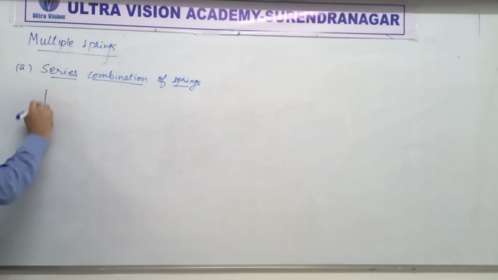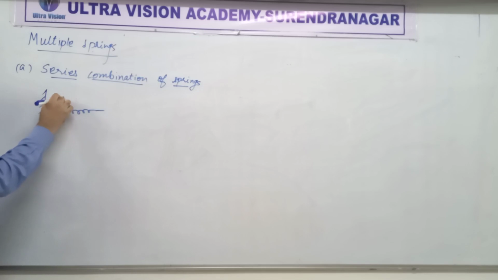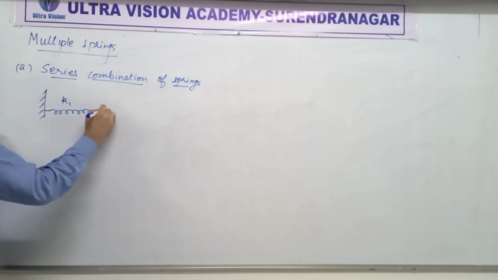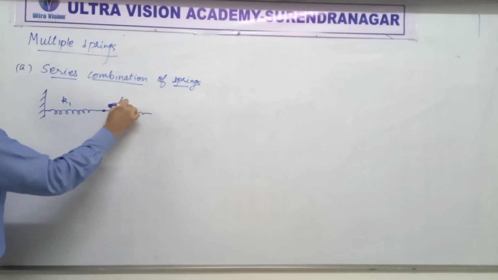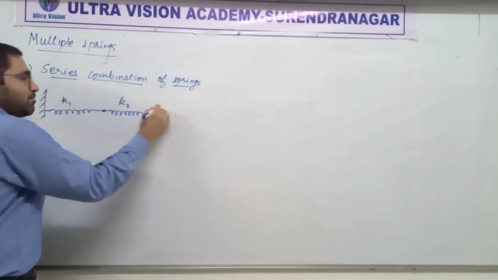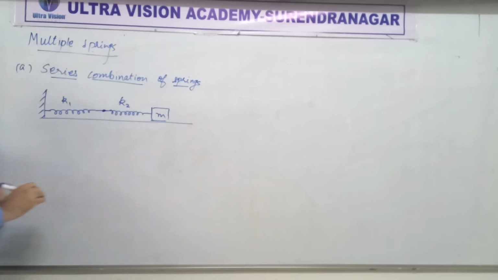Let's say that here is some wall. With the wall, we have spring number 1 with spring constant K1, and then next to it we have another spring attached, with spring constant K2, and then a mass m is attached. And this is on a smooth floor.